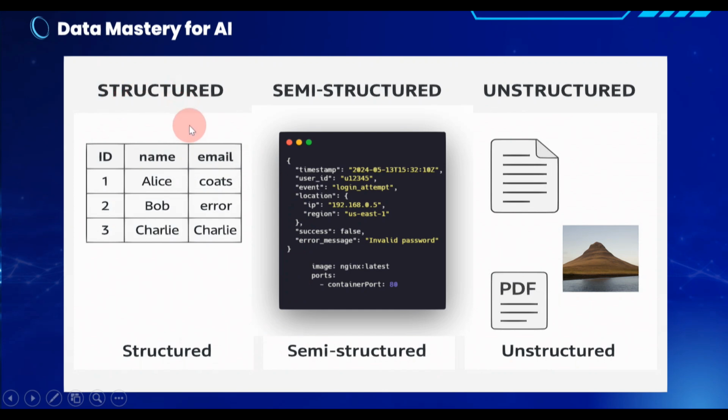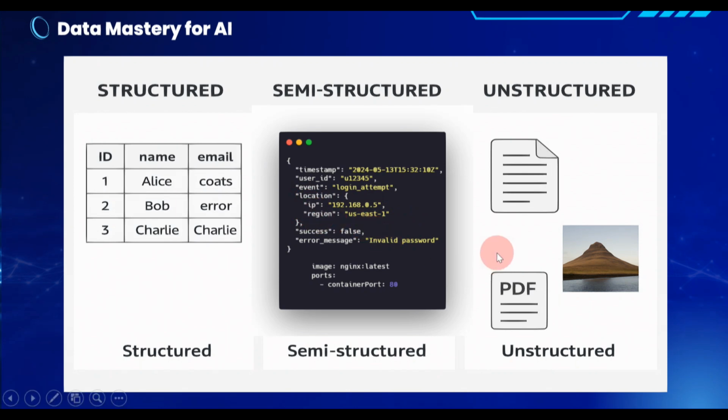Let's talk about structured data. Here we can see proper rows and columns, and this is a valid schema. Although the data may be messy, it is quite clean and easy for machines to read. Now, the semi-structured data is a JSON file. It doesn't fit in a table, but still it has a pattern in the form of key and value that tools can read.